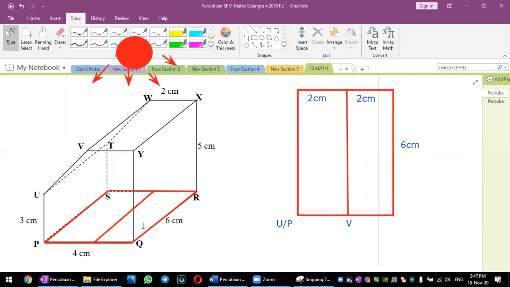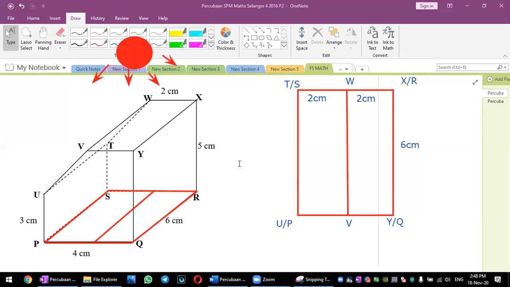Y and then shadow dia Q. Yes, YQ. Okay, how about this? Ini nampak X. Bawah X, R. The middle one is W only. So the left side you will see is T. T go down is S. So it's T/S. Finish.